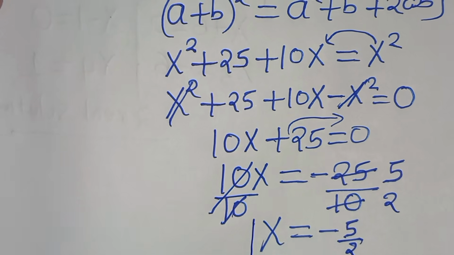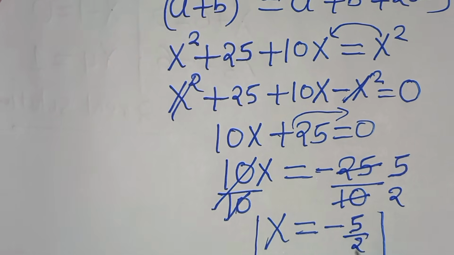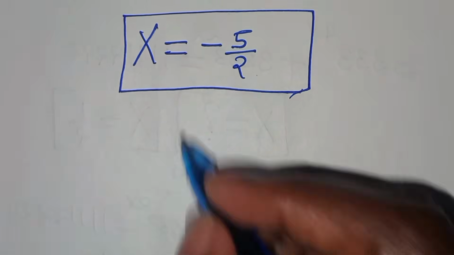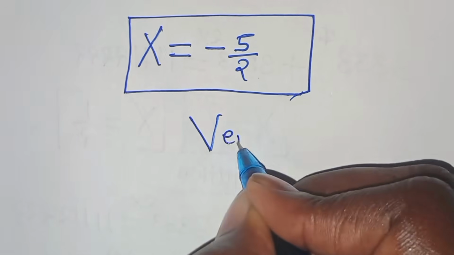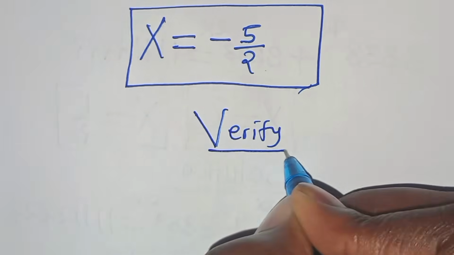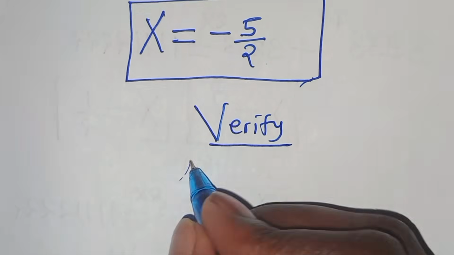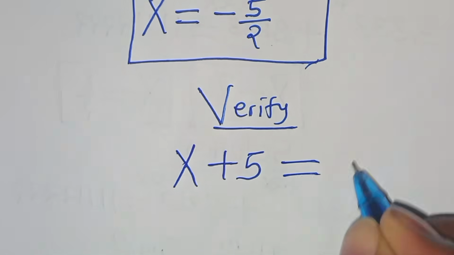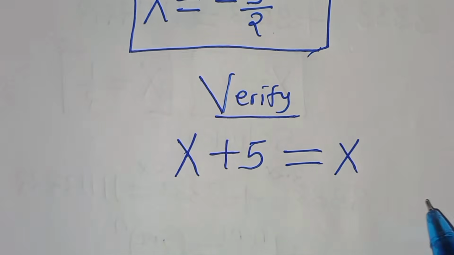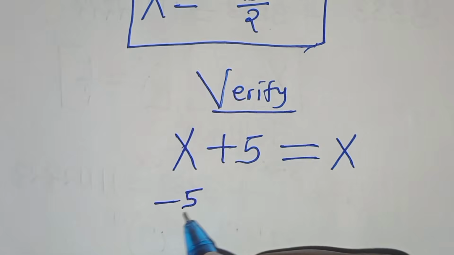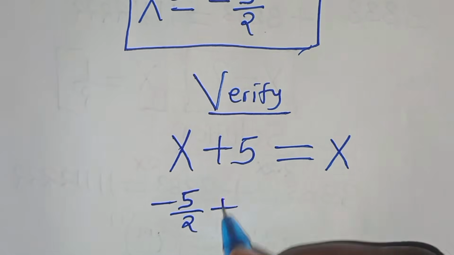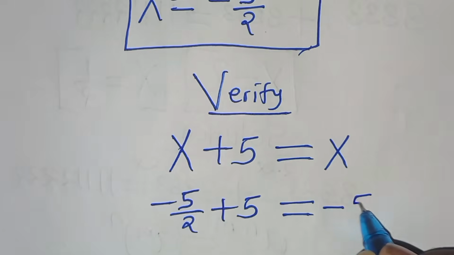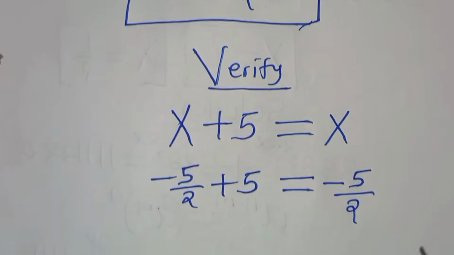The next step is to verify if this value of x satisfies the equation. Now let's verify from here. We have that x plus 5 should be equal to x. So we have negative 5 over 2 plus 5, which should be equal to negative 5 over 2.